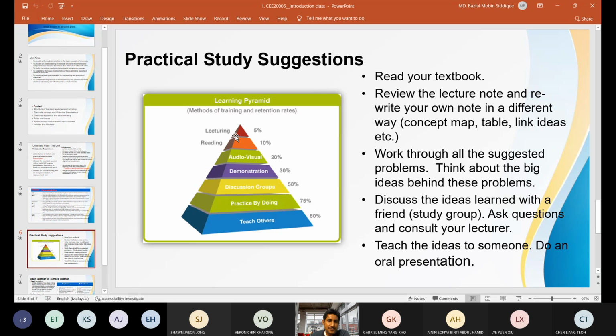But afterwards, if you go and read the books, you will learn more. After that come the demonstration, audio-visual, discussion in the group, practice by doing, and then teaching others.